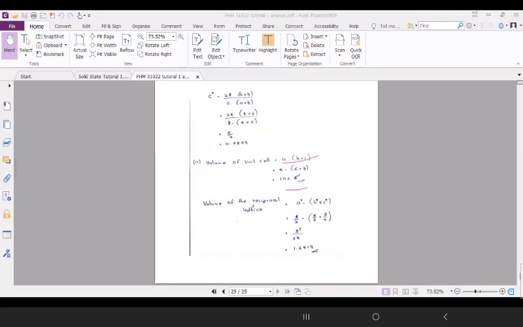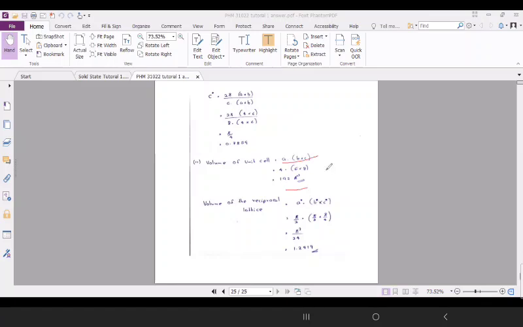But the next thing is, you have to find the volume of the reciprocal lattice. For the reciprocal lattice volume, you have to get a star, b star, c star. So you want those three. For that purpose, you have to get those values in terms of pi.